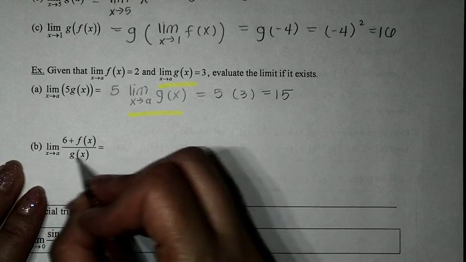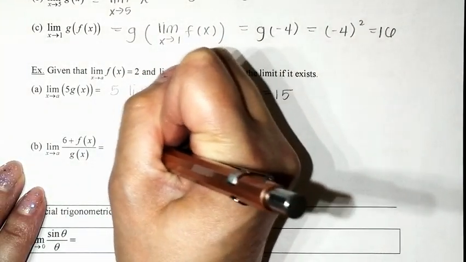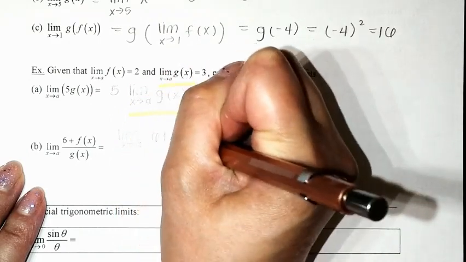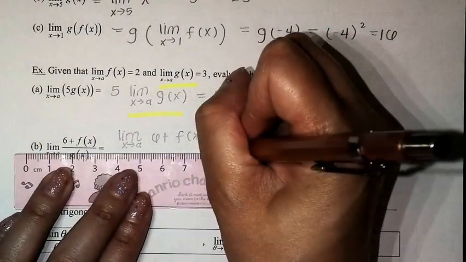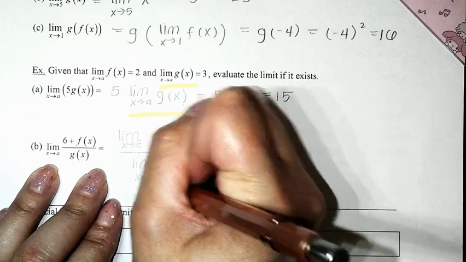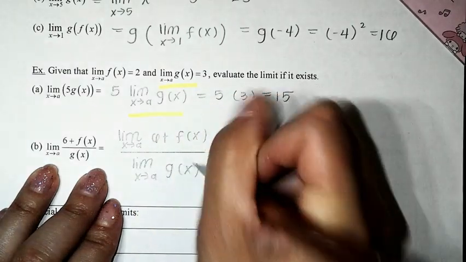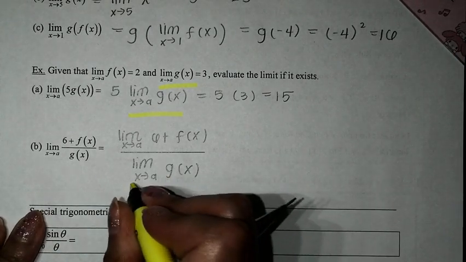Similarly, in the next example that we have over here, what are we going to do? The first thing that you can do is split this expression, the limit when x approaches a of 6 plus f of x, and then the denominator, you can have another limit because I'll show you in a second. What do you see about that limit? This limit that you have is not equal to 0, so we can apply the quotient property.